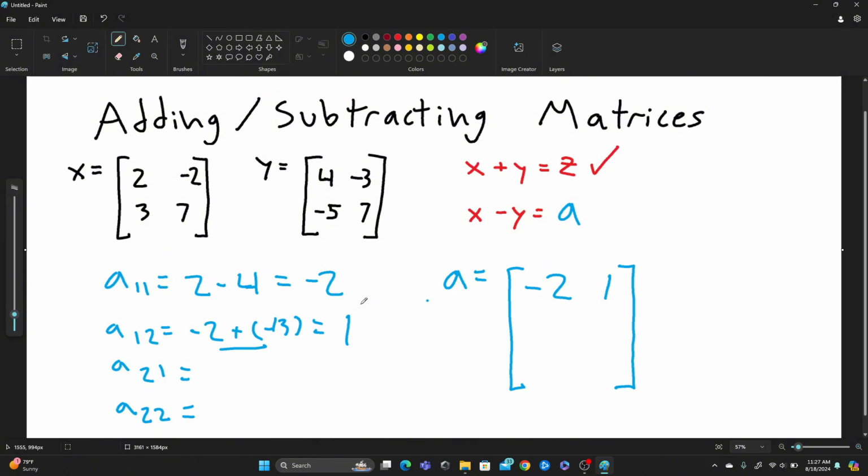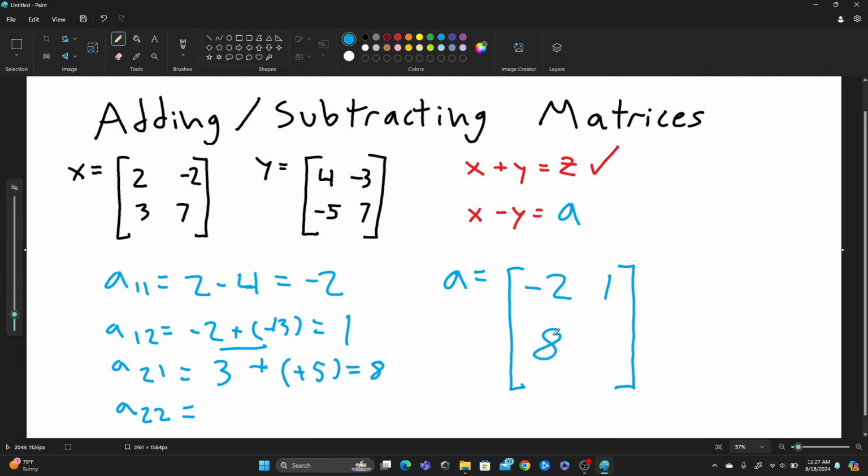So this is 1. And then A21 would be X21, which is 3, minus Y21, which is -5. So minus -5, which is the same as plus 5. So that would be 8.